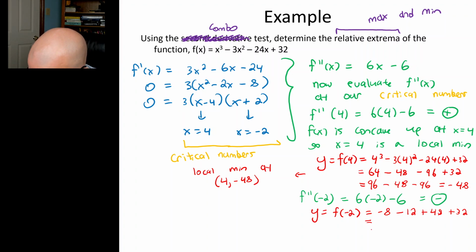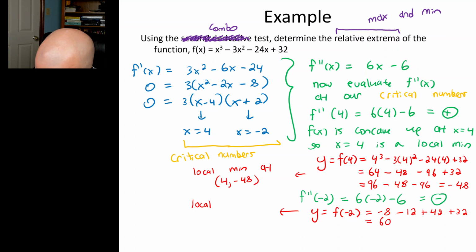So we'll get negative 20 plus 48. So 28 plus 32. That's 60. I think it's 60. You can yell at me if I'm wrong. It's okay. I can't add or subtract. It's one of my weaknesses.